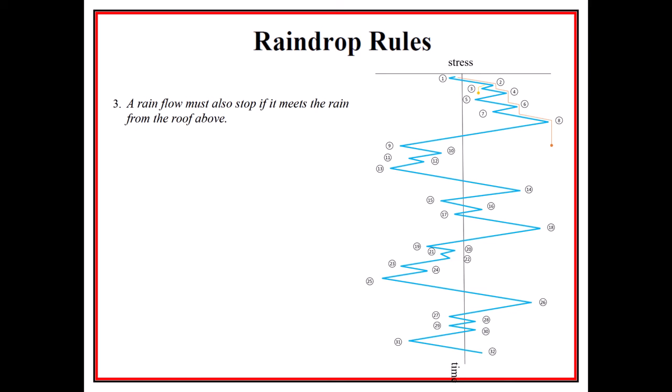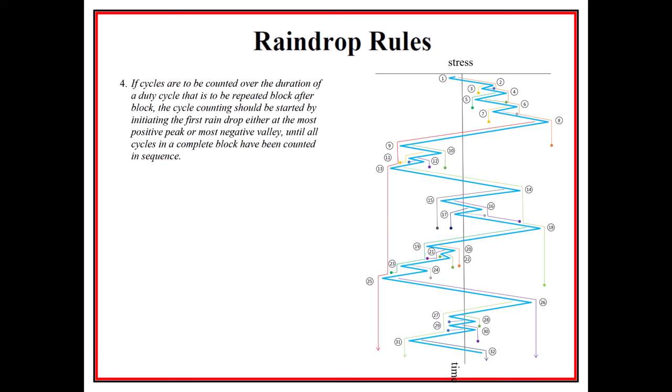Another weird rule is that if a raindrop runs into the path of a previous raindrop, it has to stop above it. So take a look at 3. It runs into the raindrop's path of 1. Take a look at 5. Same thing. Take a look at 7. It can't go any further.